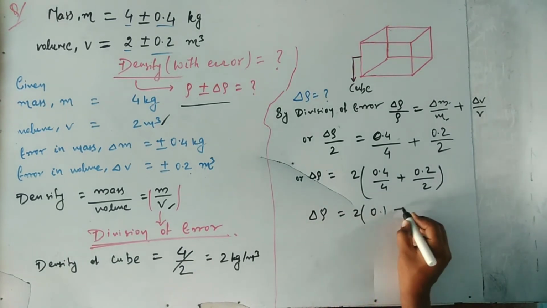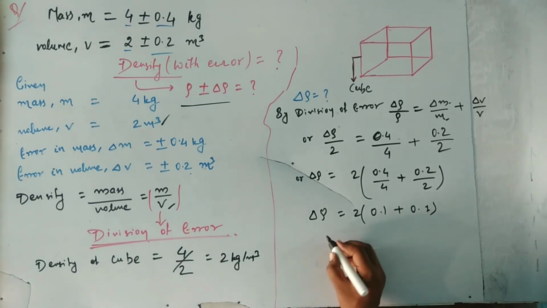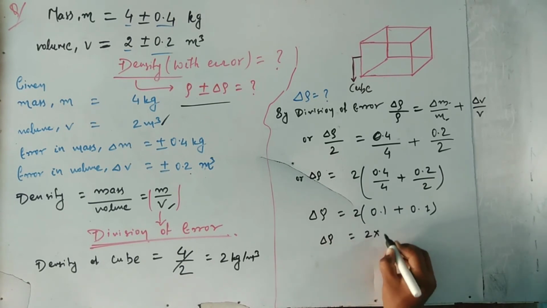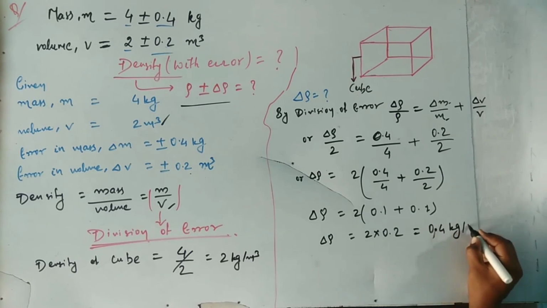Therefore del rho is equal to 2 into 0.1 plus 0.1. So the value of del rho is equal to 2 into 0.2, which is 0.4. So del rho is 0.4 kg per meter cube.